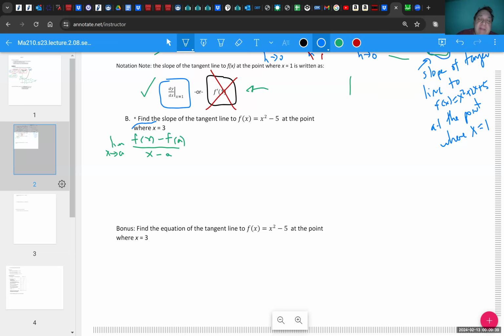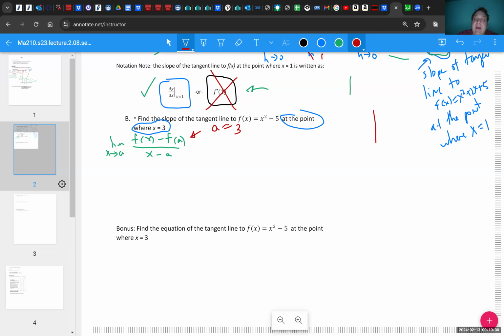So when they say at the point where x equals 3, remember our objective point is called a. So if we're using this version of the difference quotient, that means a is equal to 3. x is the nearby point. It's like the x plus h, right? The a value is our point that we're trying to find.